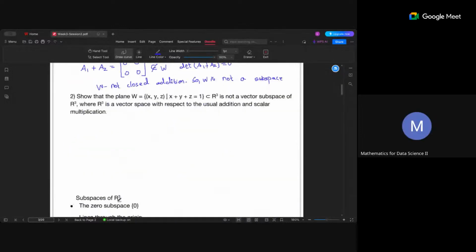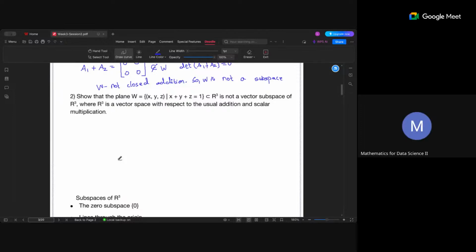All right. Now, show that the plane is not a vector subspace of R3 with respect to usual addition and scalar multiplication. Before trying to answer the question, I want you all to think about a similar scenario in R2. In R2, what are the non-trivial subspaces? The origin, any line passing through the origin.